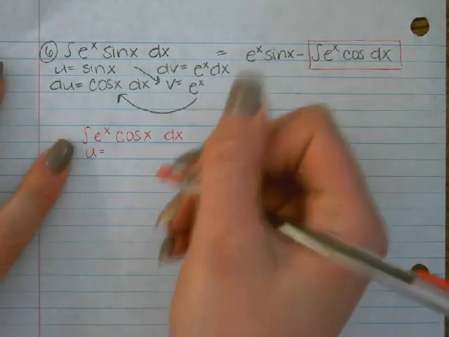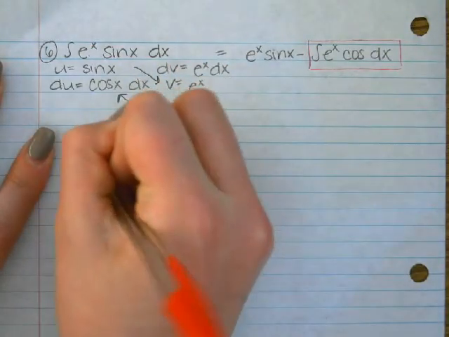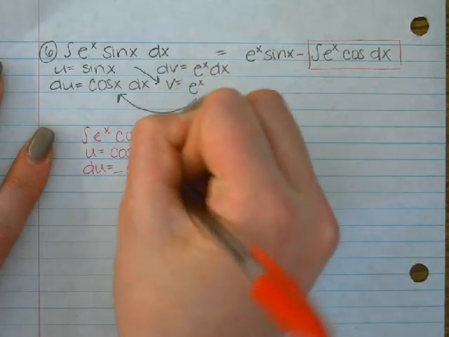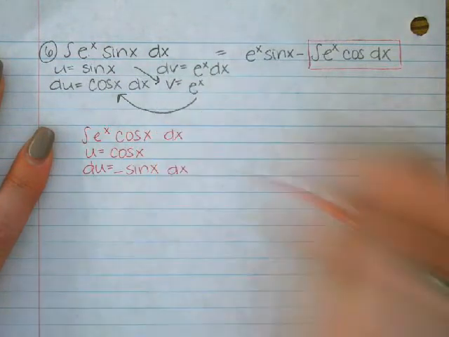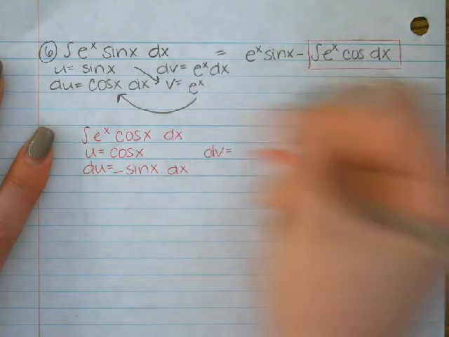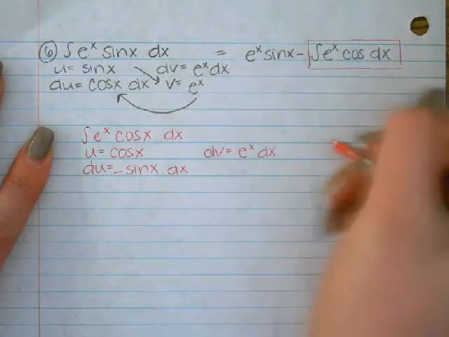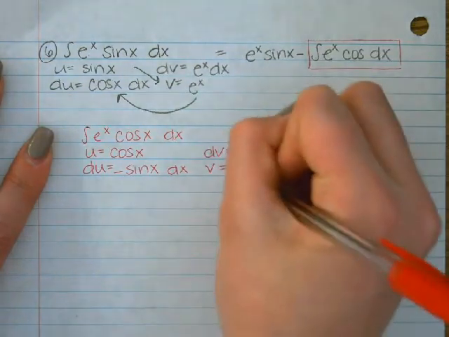So I'm going to say that the u is cos x. So what is the du? Negative sine x dx. And then what does that leave for dv? e to the x dx. And then what does that mean for v? e to the x. Okay.